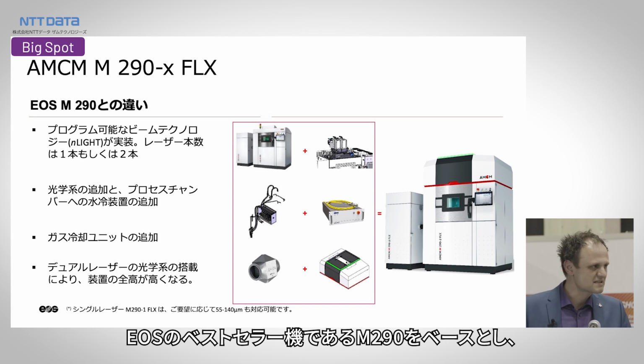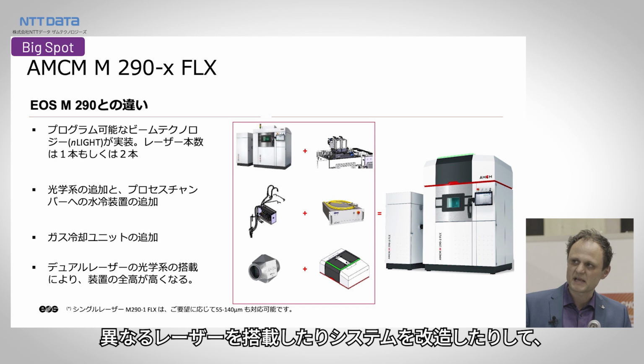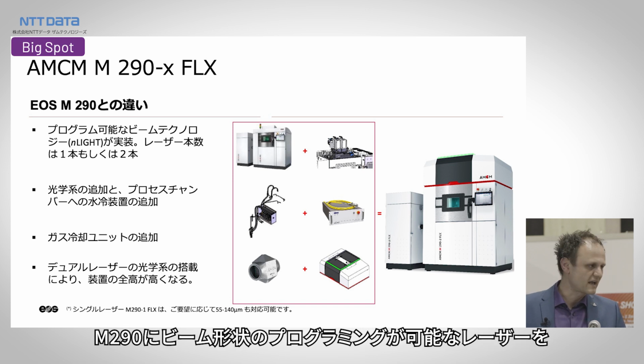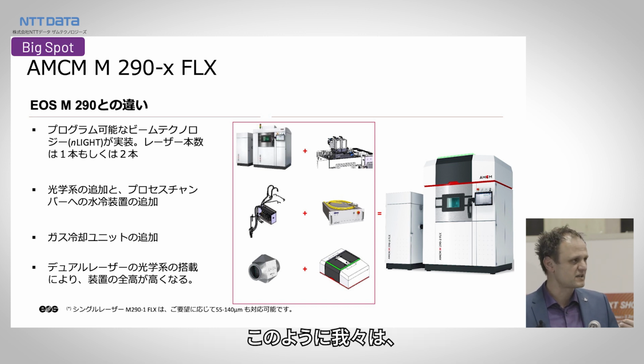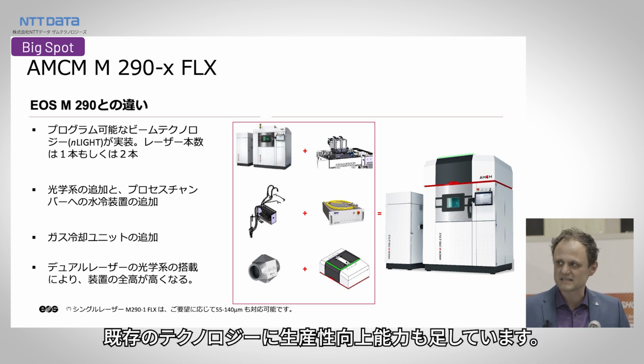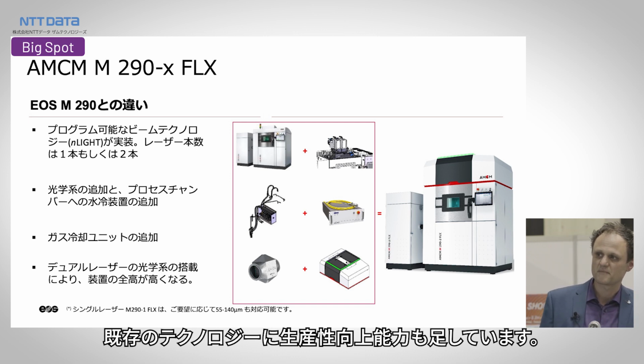It's 100% sister to EOS, that has used an M290 as a base machine, has added a different laser, the NFX laser from Enlight, and has done some modifications on the system in order to make it capable, and it can actually handle up to 2 of these NFX lasers inside one M290 system. And then you have those productivity gains directly on existing technology. So this is smarter melting than most others are doing today.